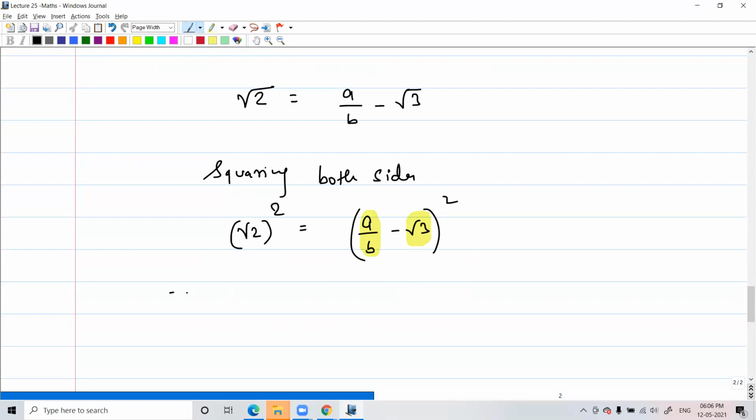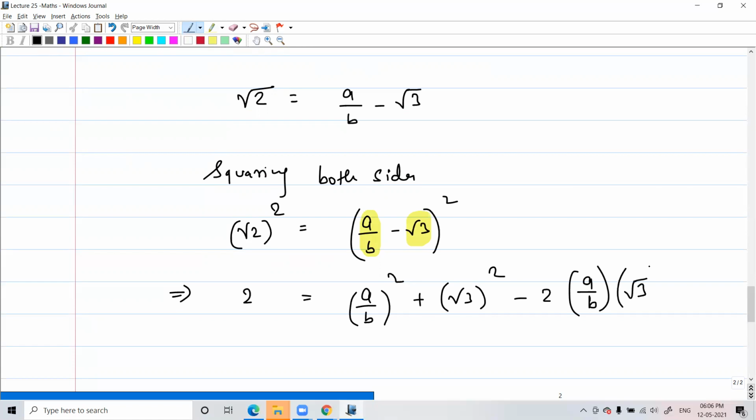So what is my LHS now? Root 2 square is 2, and x minus y whole square will be x square plus y square, which is root 3 whole square, minus 2 times x, which is a by b, into y, which is root 3. So you see root 3 has come over here now as it is.